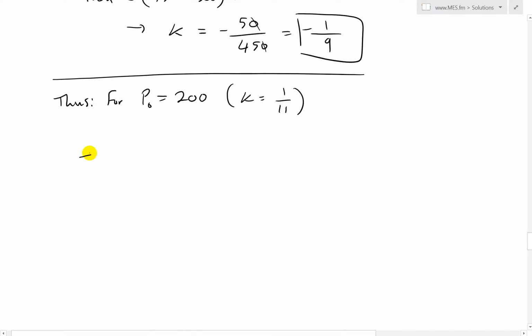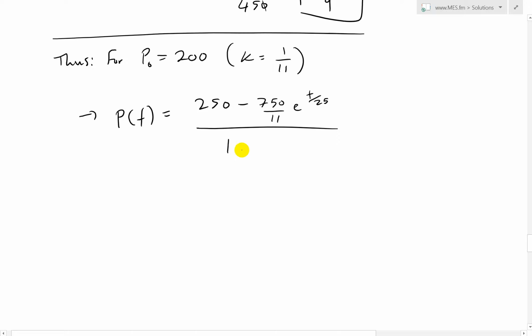So we get P of t is equal to 250 minus 750 times 1 over 11, so just divide that out, e^(t/25), over 1 minus 1 over 11 e^(t/25), like that.